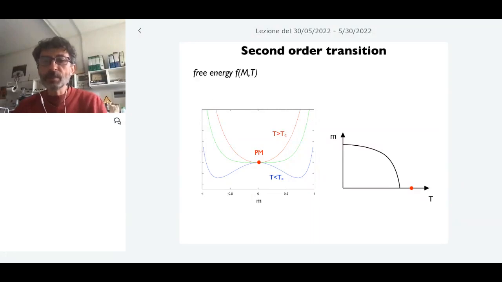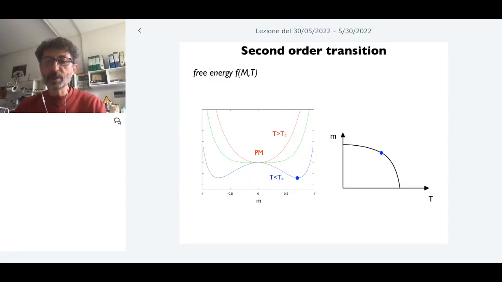Let's see the time. Okay, let's just go through this cartoon because it shows exactly what happens if we have this second order transition, where we pass from the paramagnetic state to the ferromagnetic state through a continuous transition.